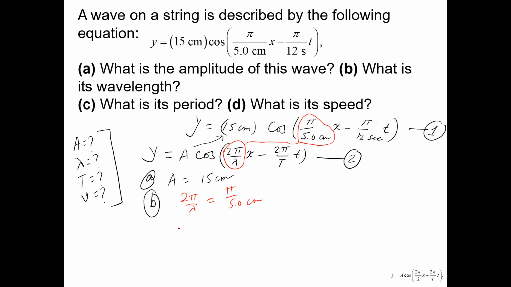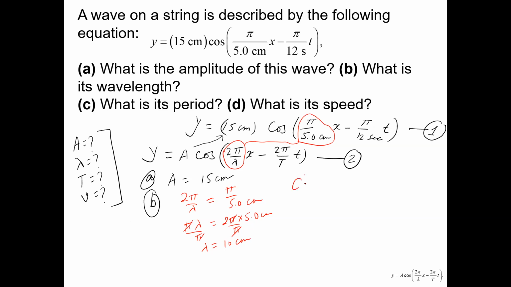If I solve this by cross multiplication, pi times lambda is equal to 2 pi times 5.0 centimeter. Divide both sides by pi, cancel the pi, and I get lambda, the wavelength, equal to 10 centimeter.